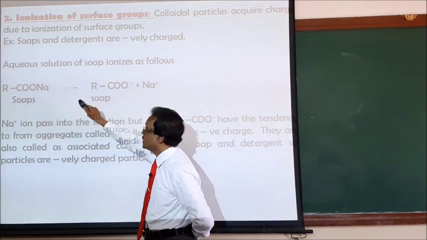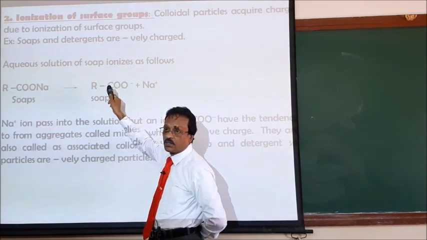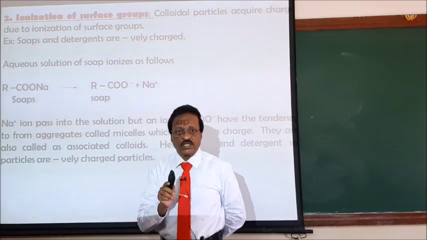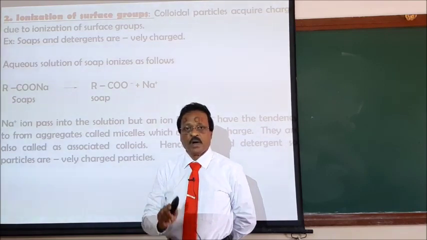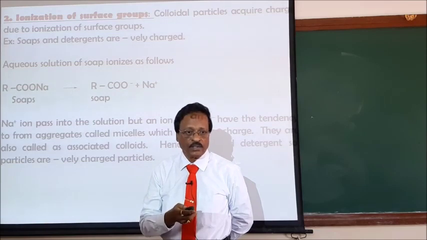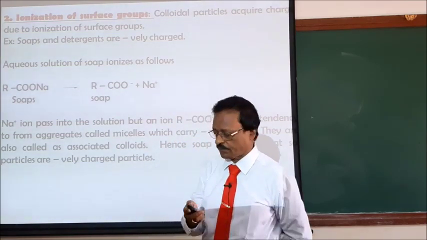So because of surface ionization, soaps are negatively charged. By preferential adsorption of common ions present in the dispersion medium, or by surface ionization, colloidal particles get the charges. Are you okay, students? By these two methods, colloidal particles gain the charges.